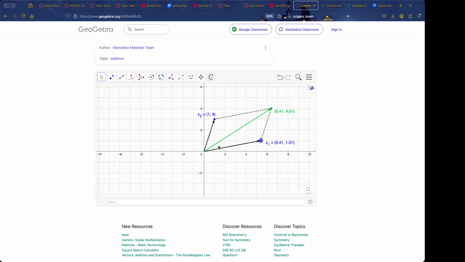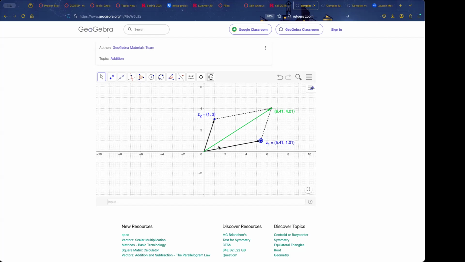One is that with these two vectors, these two arrows, you can construct a parallelogram as you see here, and then this diagonal corresponds to the sum. The other interpretation is that you can move one of the vectors so that it begins where the other ends, and then this third side would be the third side of a triangle.